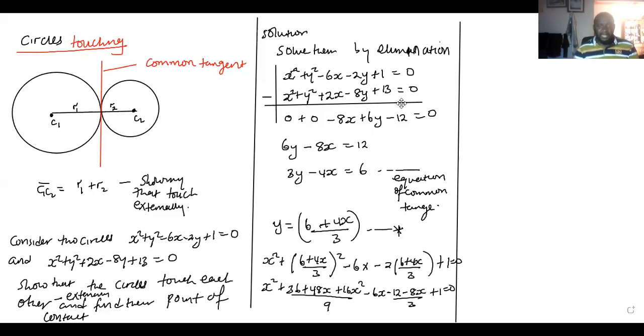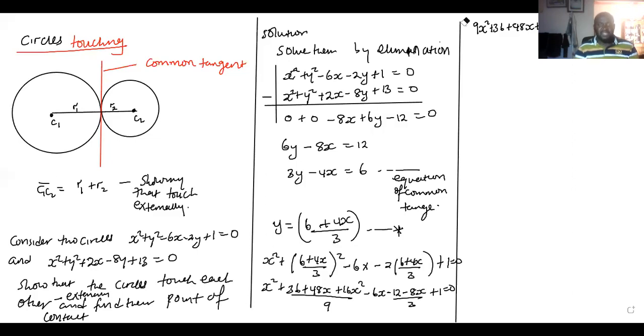When you cross multiply, multiplying everything by 9, you'll get 9x squared plus 36 plus 48x plus 16x squared minus 54x. It is not 108, I was multiplying 9 by 12, but actually there is a 3 down.